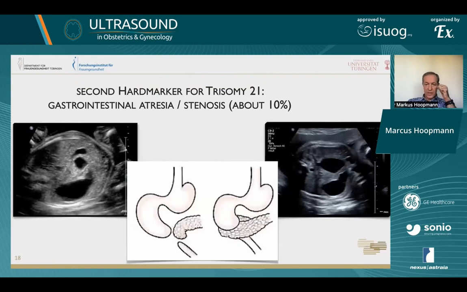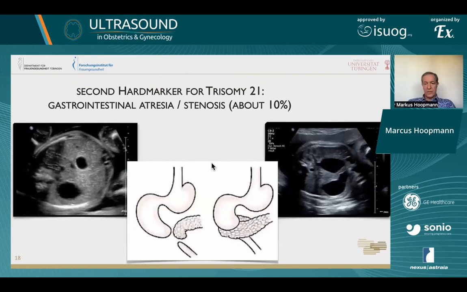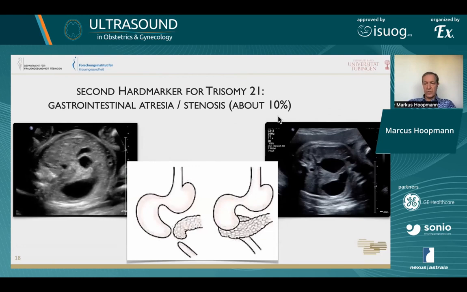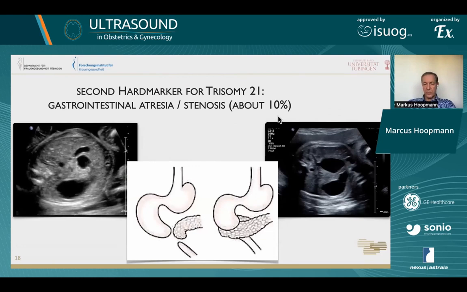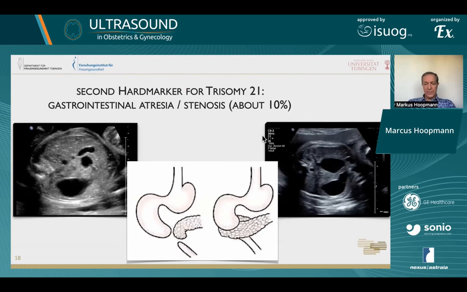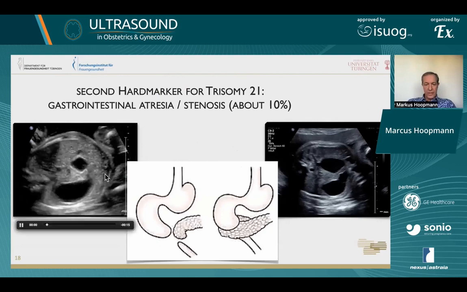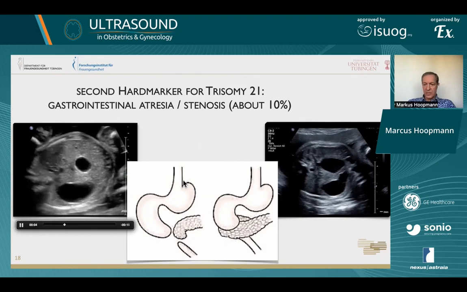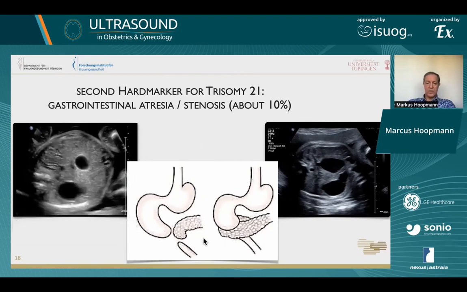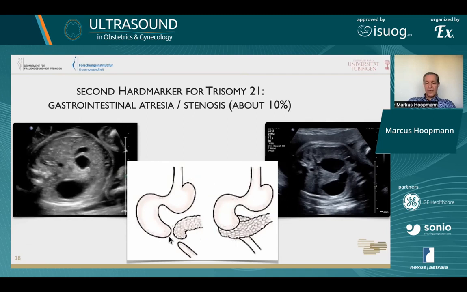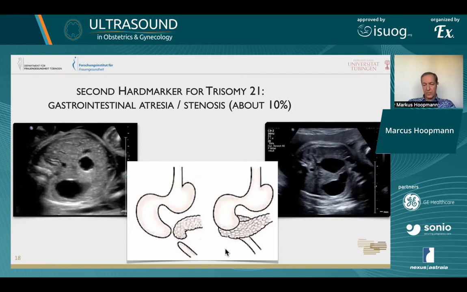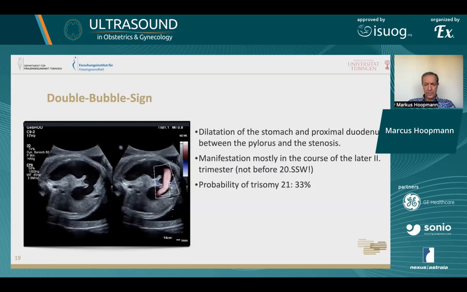Second hard marker, like in our example, is gastrointestinal atresia or stenosis. 10% of trisomy 21 fetuses have it. And the most frequent gastrointestinal finding is the double bubble sign, duodenostenosis or atresia, which can be really a gap or a stenosis provoked by the pancreas.